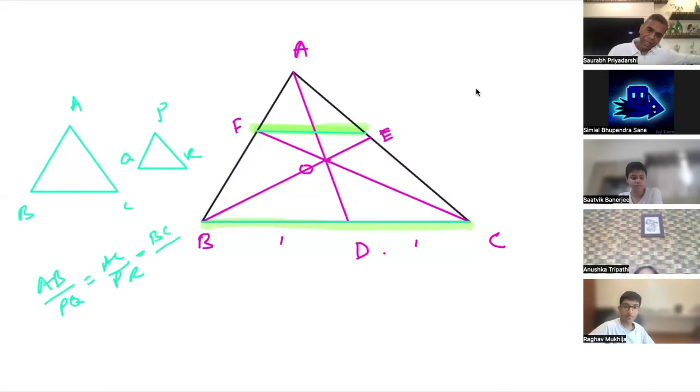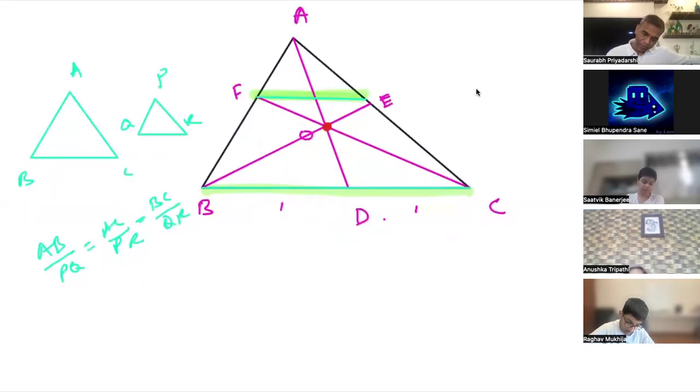We have already studied this. If one point of concurrency is there, the point O, then Ceva's theorem applies. What does Ceva's say? BD upon DC into CE upon EA into AF upon FB is equal to 1.